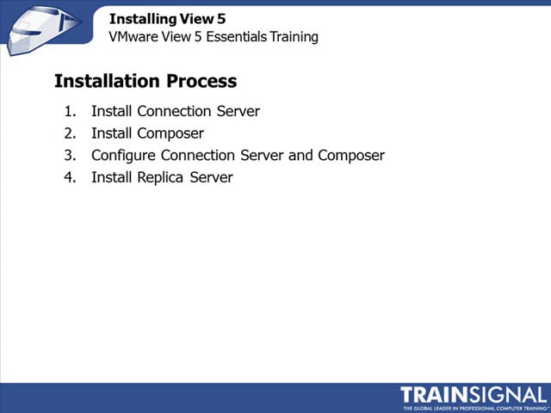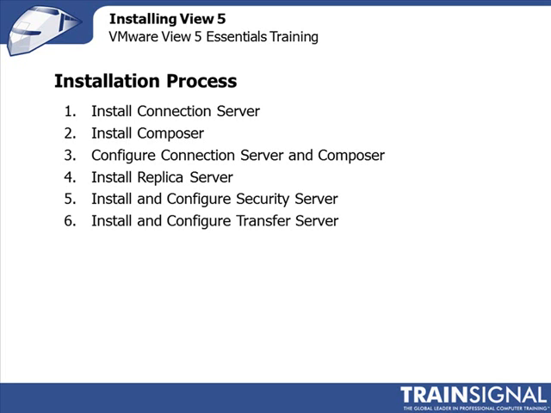Then you can install additional replica servers as needed and configure security servers out in your DMZ to connect back to those individual connection servers. You can configure your transfer server if you're going to be doing local mode operations. And then finally, you can look at configuring any role-based authorizations that you need to provide the right type of administrative access to those particular pools.